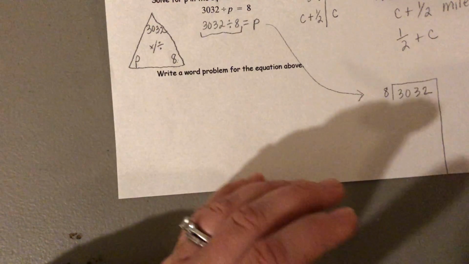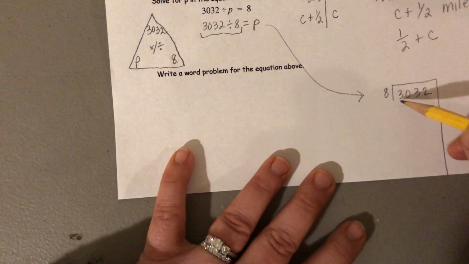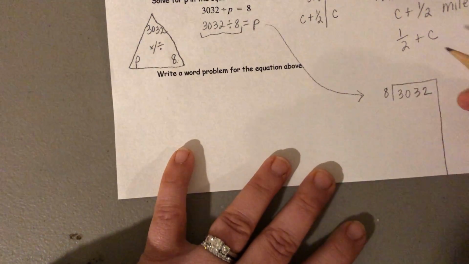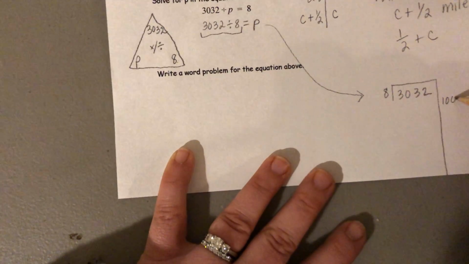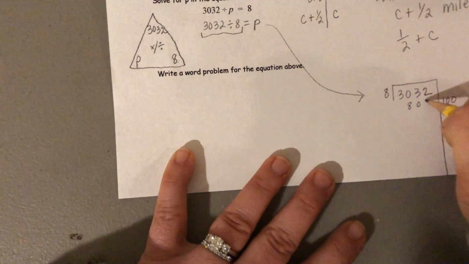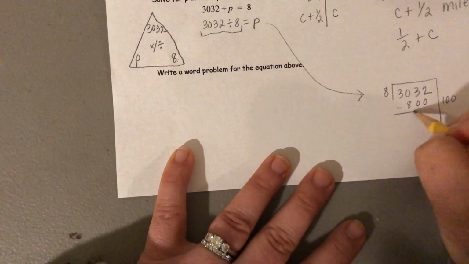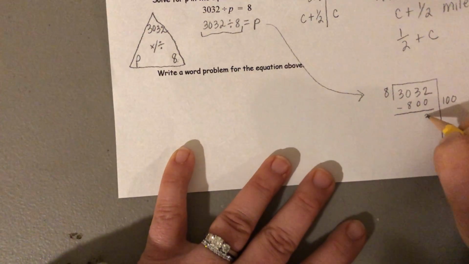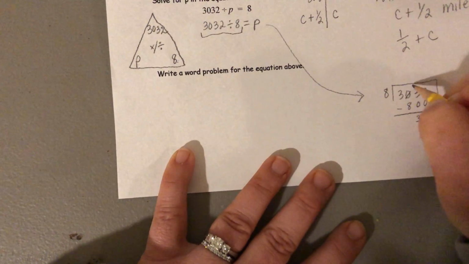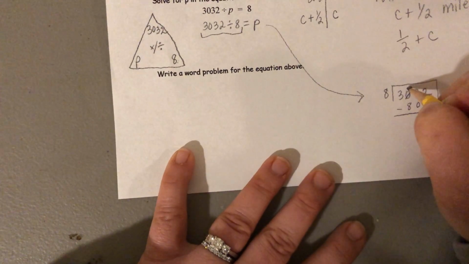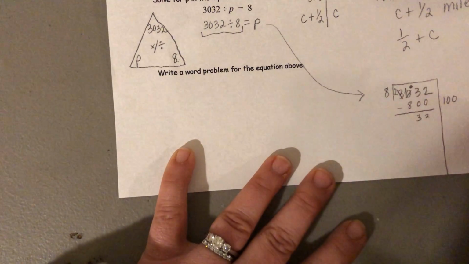What's the biggest number I can think of? I can't do 8 times 1,000. 8,000 would be too big, but I can do 8 times 100. 8 times 100 is 800. And now I'm going to subtract to see how much I have left to use. Oops, what am I doing here?